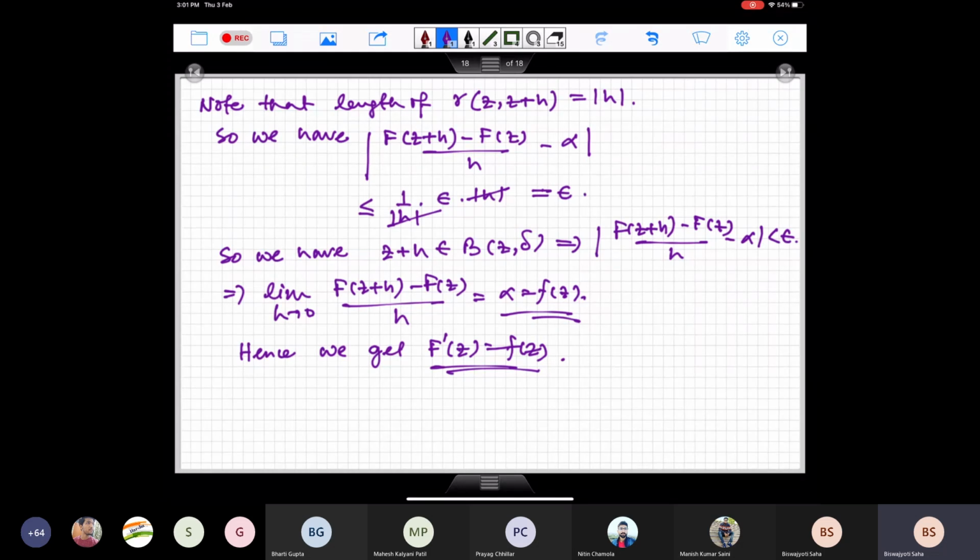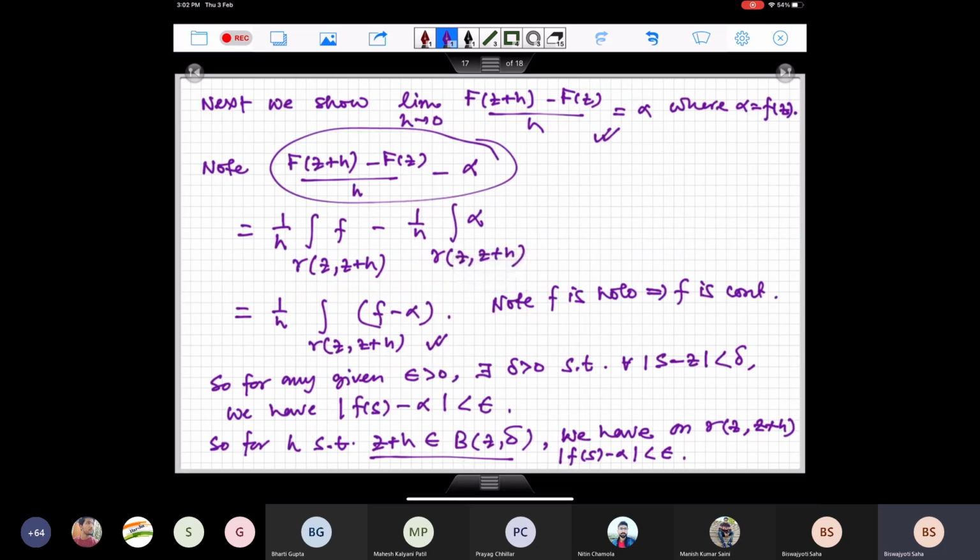So we got that any holomorphic function f in a ball is going to have a primitive. There will always be a primitive of a holomorphic function on a ball. Here one thing you need to remember is that we used holomorphicity of little f in two places.